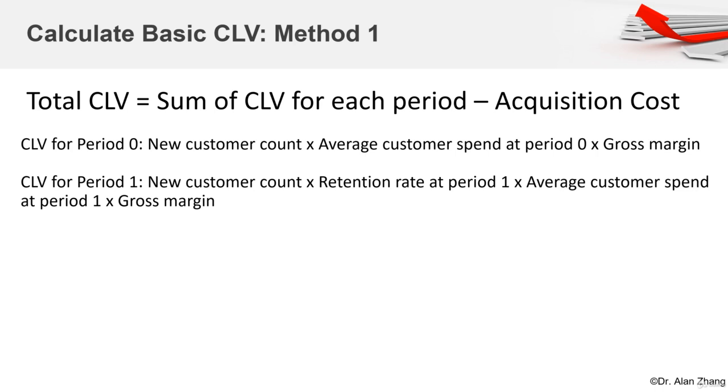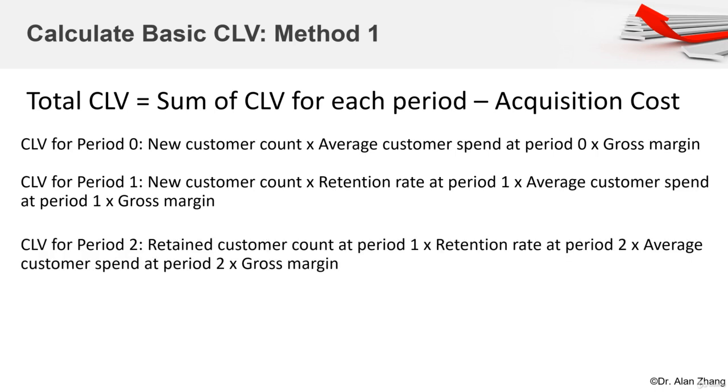You can only retain a certain number of customers at each period. So CLV for period 2 is equal to the number of retained customers at period 1 multiply retention rate at period 2 multiply average customer spend at period 2 multiply gross margin.